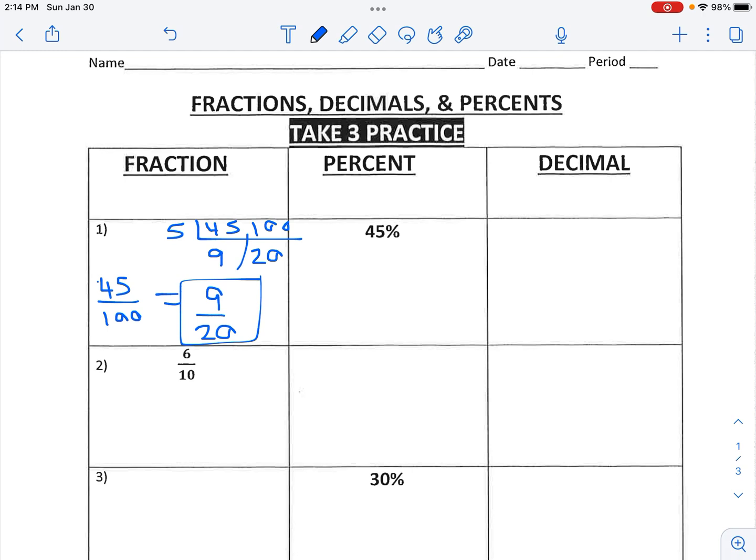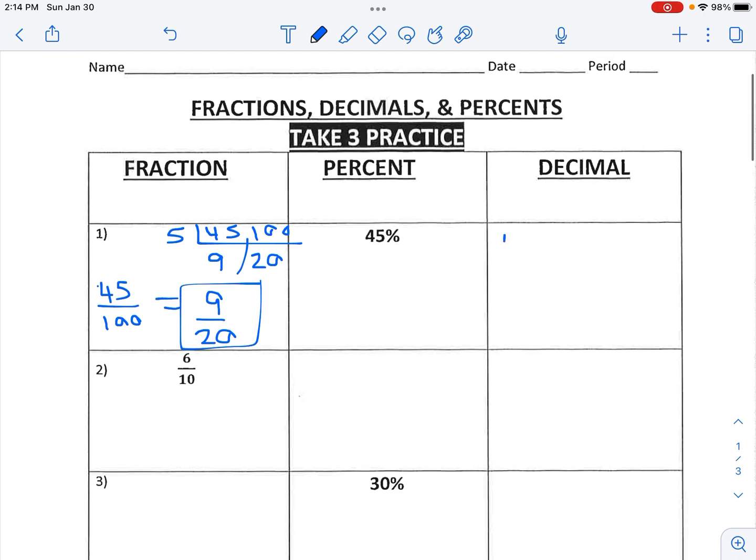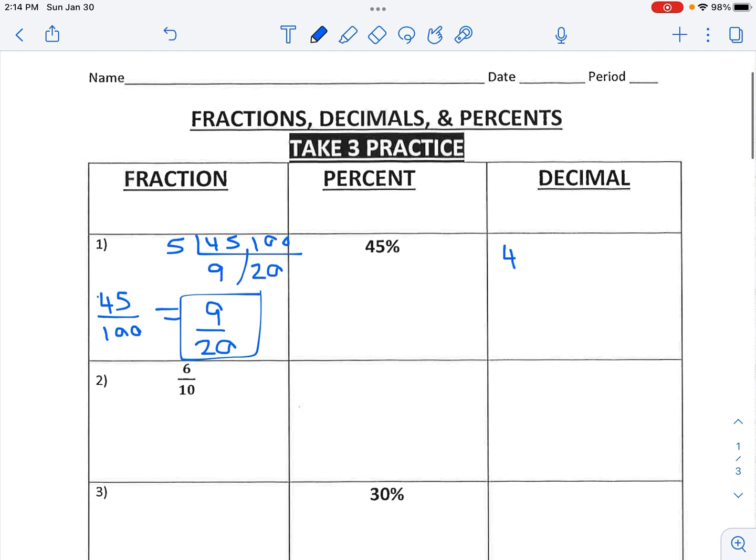Now for the decimal, remember our fraction is 45 hundredths. Well, we know to write the decimal, 45 hundredths is 0.45. So the two answers that you should have on your paper are 9 twentieths and 0.45.